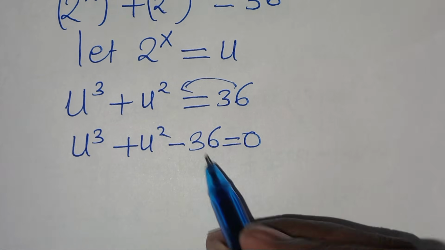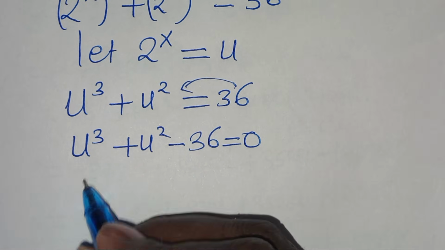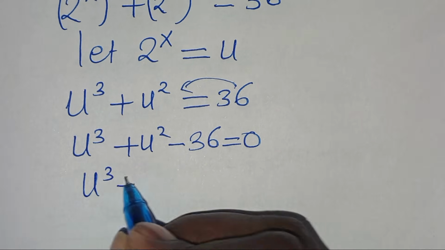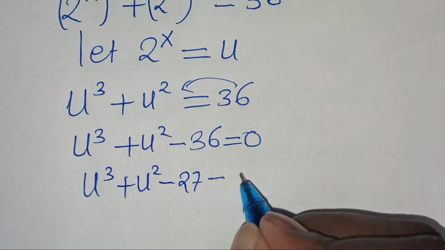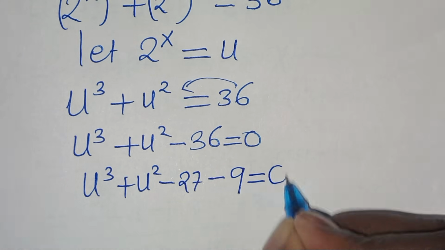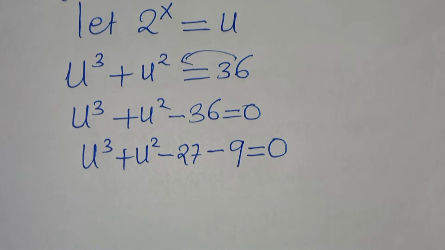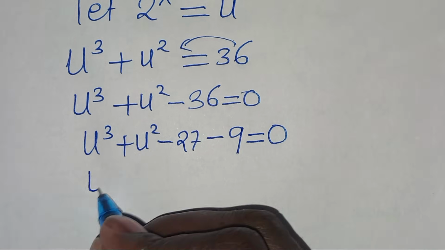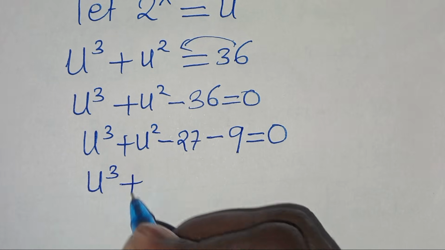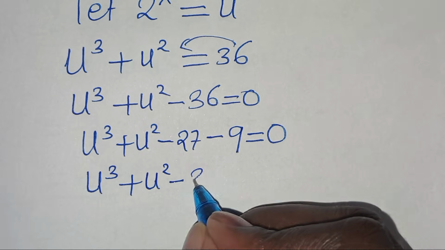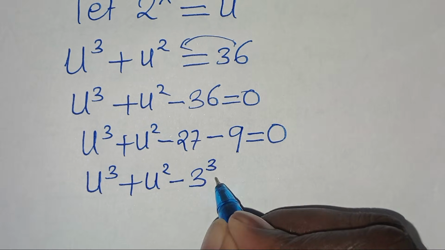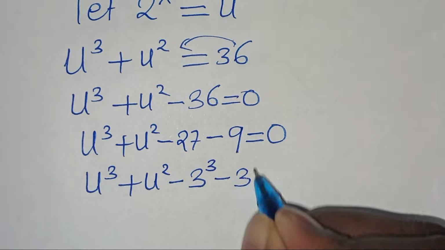Now, we can express minus 36. This is the same thing as minus 27 minus 9. This is equal to 0. So this is u to the power of 3 plus u to the power of 2 subtract 27, which is 3 to the power of 3, then minus 9, which is 3 to the power of 2.